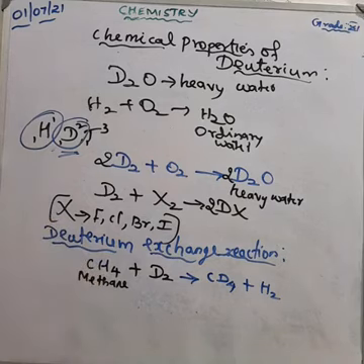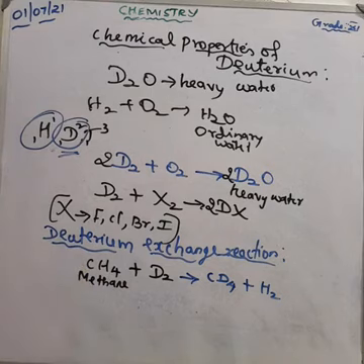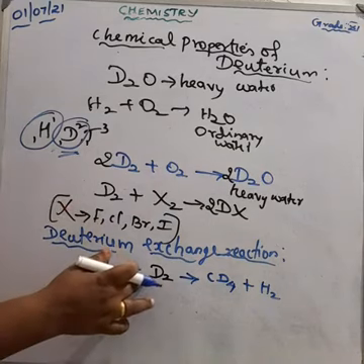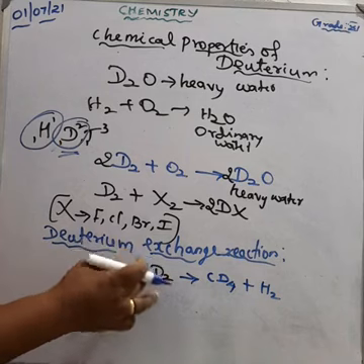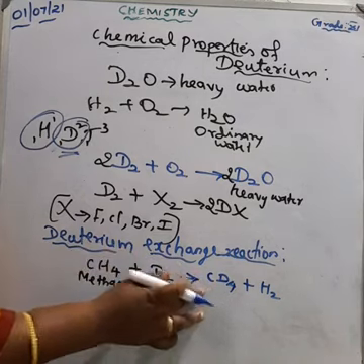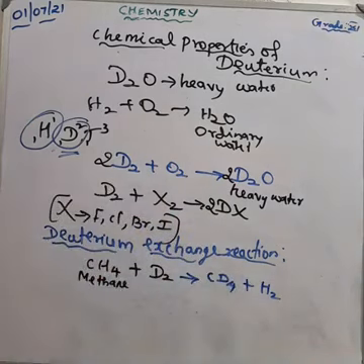Methane, CH4, is a hydrocarbon compound. When it combines with deuterium, D2, the D2 can exchange the hydrogen to form CD4 and release hydrogen gas. Now we balance this equation.